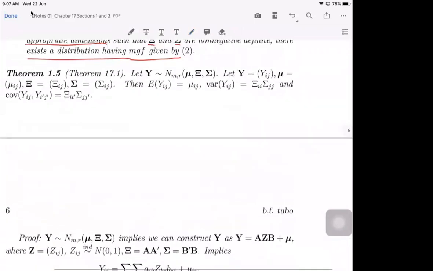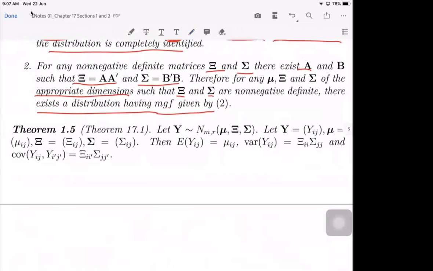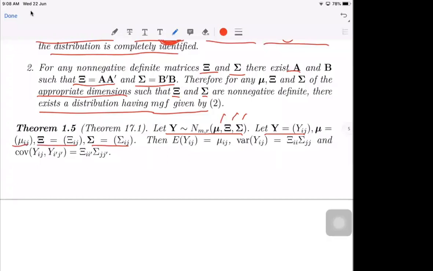So for the proof of theorem 1.5, actually, we have solved a similar proof of this in the univariate case. If we have a y which is normally distributed with mean mu, psi, and sigma, this random matrix will have these components.